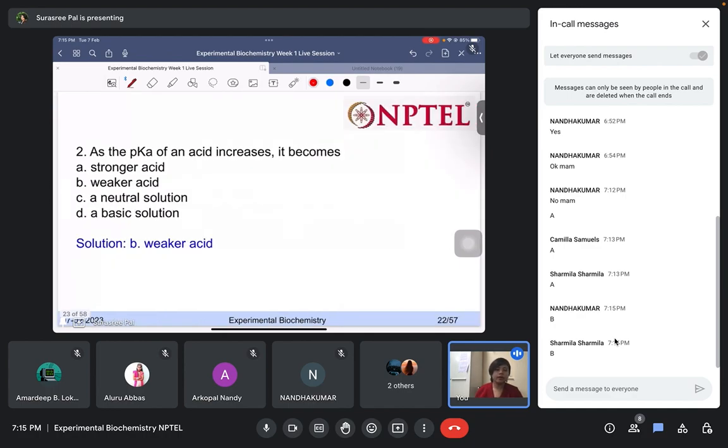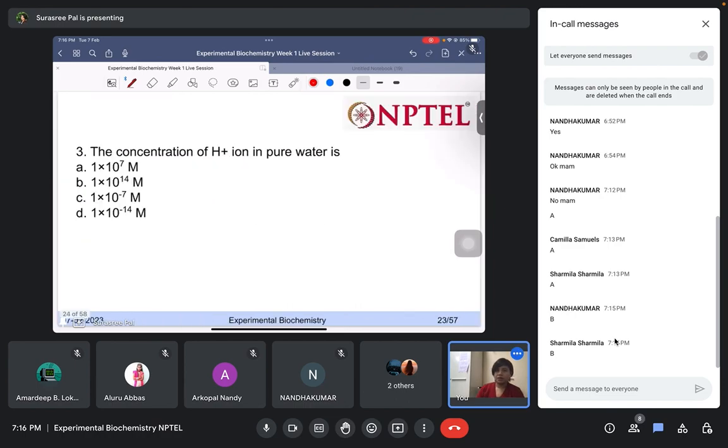It is right because pKa is minus log of Ka, right? Ka is the dissociation constant. So when the pKa increases, it means that the dissociation constant decreases, and if it decreases, it means the dissociation decreases, which means the acid is a weaker acid. Right? Correct. Okay. Next question.